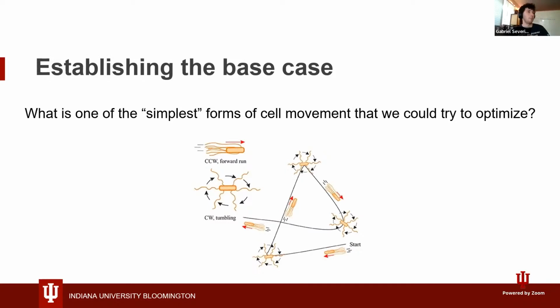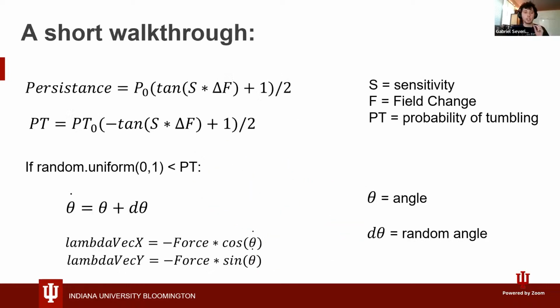I was actually just reading about trying to find optimal tissue patterns for bioprinting or tissue engineering. Optimization methods could probably help with that, and we've seen some papers that do that already. So I'll do a very quick walkthrough of the run and tumble simulation from Pedro.